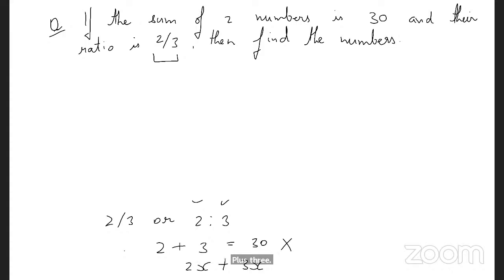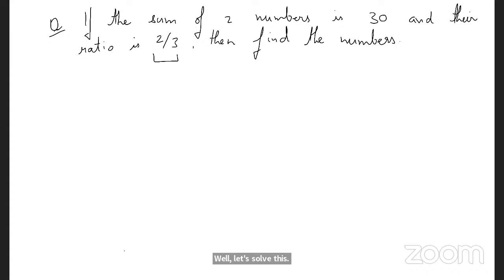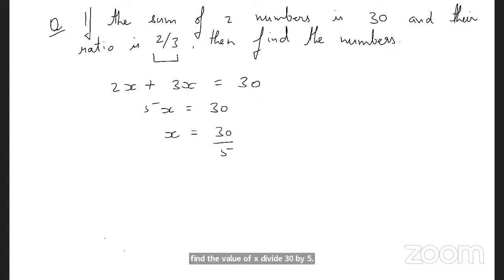Now let's solve this. 2x plus 3x equals 30. Add 2x and 3x, we'll have 5x equals 30. To find the value of x, divide 30 by 5. We have the value of x, 6.